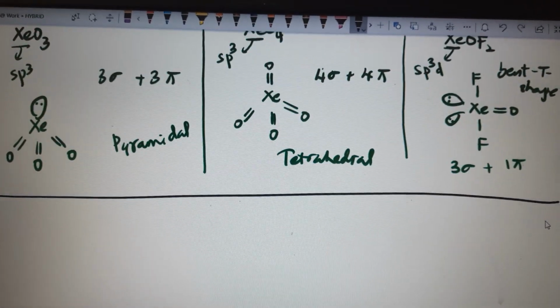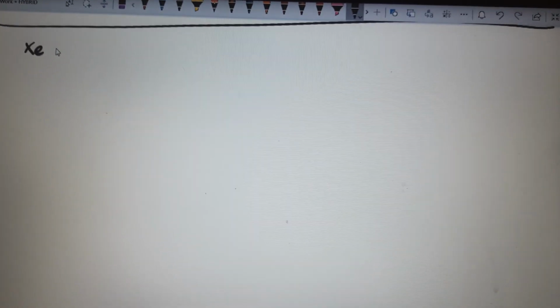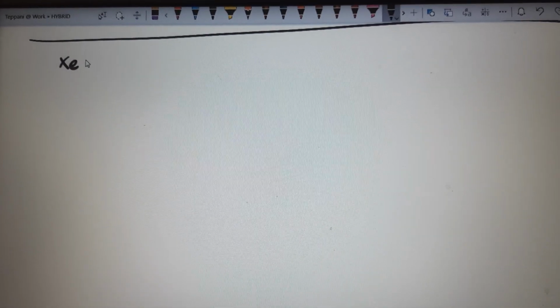Next, the other xenon compounds: XeOF4 and XeO2F2.